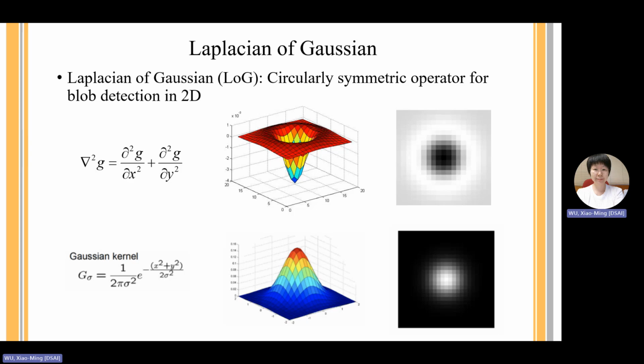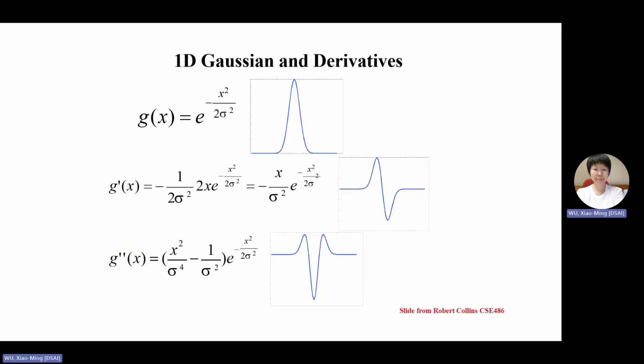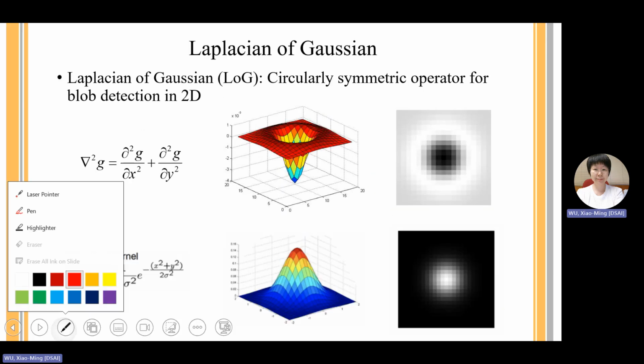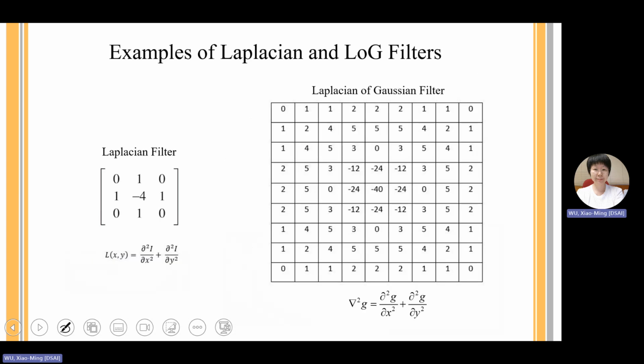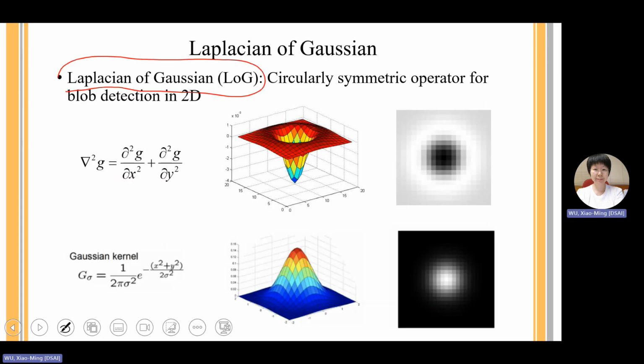Okay. Now I'll introduce the LOG function. The LOG function is the function we want. The LOG function gives maximum response when the scale is right. So what is LOG? LOG represents Laplacian of Gaussian, and you might have noticed that Gaussians are everywhere.